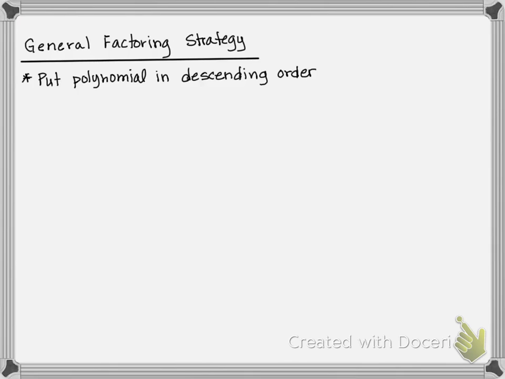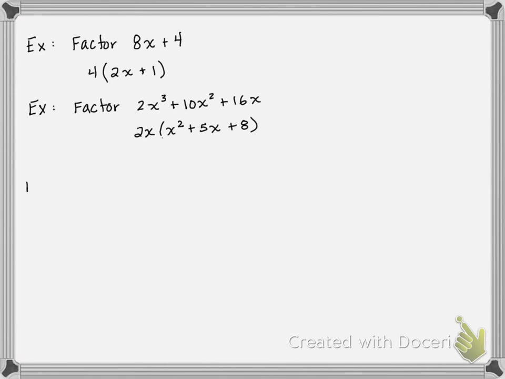So for example, if you were given 27x to the third minus 3x squared minus 12x to the fourth plus 15x to the fifth, to factor, the first thing we would do is rearrange this. So remember that the signs stay with the term. If there's a negative in front of a term, it has to keep a negative in front of it regardless of where in the polynomial I put it.